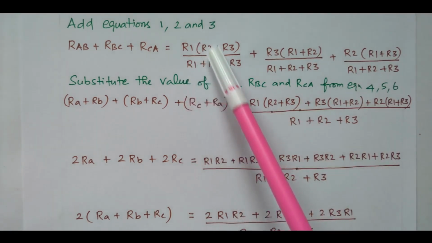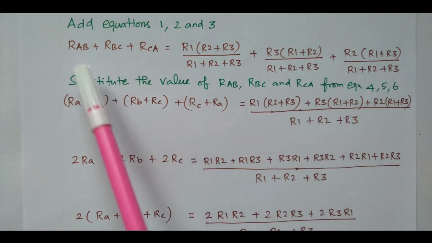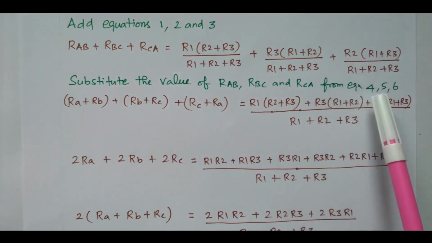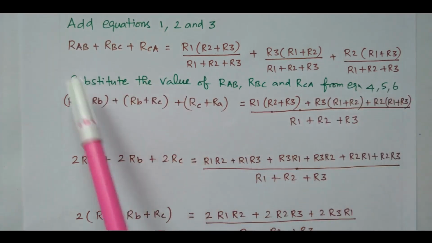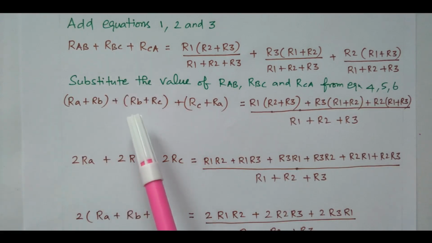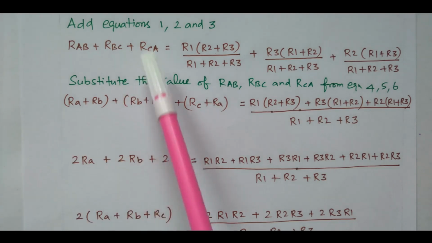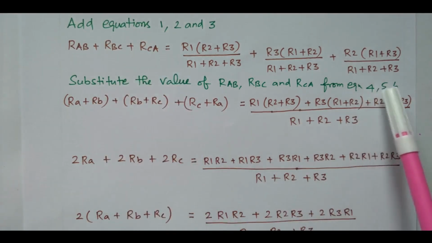This is equations 1, 2 and 3. Both sides are added. Now what are the values of RAB, RBC, RCA from equations 4, 5, 6, that is the star connected network? We are substituting these values. RAB is RA plus RB. RBC is RB plus RC. RCA is RC plus RA. Right? These 3 values are substituted from 4, 5, 6, that is the star connected network.